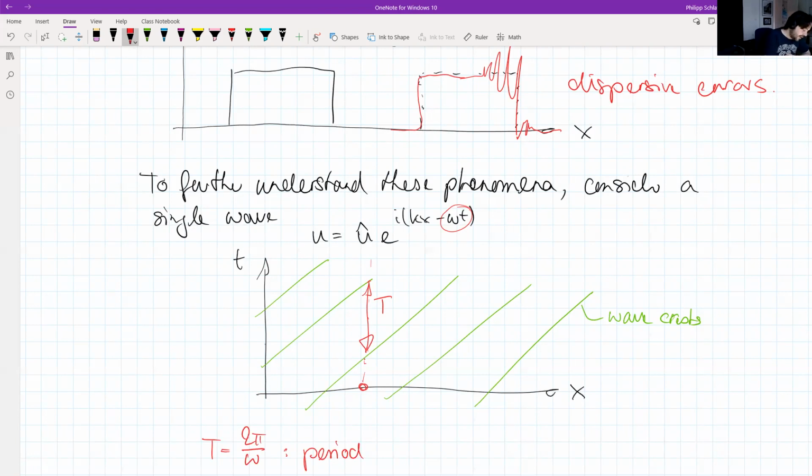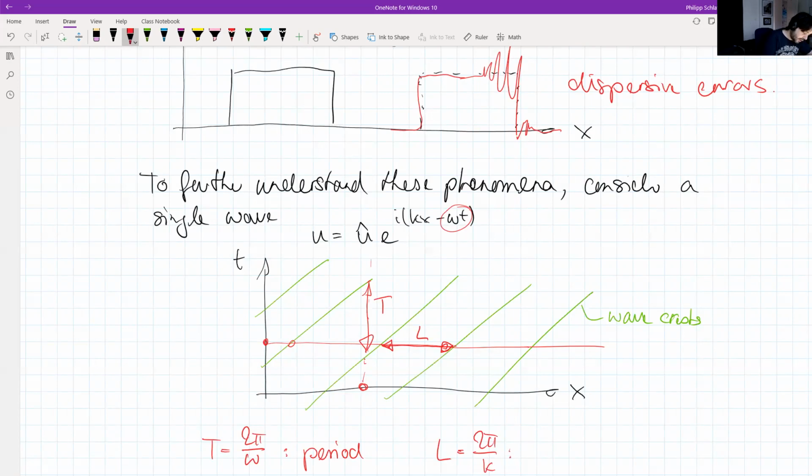If I'm standing at a fixed time and I just look at my domain, then of course I see again many wave crests, here, here, here, and here. The distance in space between two wave crests would then be the length L, which is 2 pi divided by k, with the notation that I'm using here.